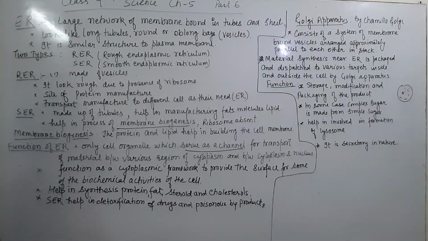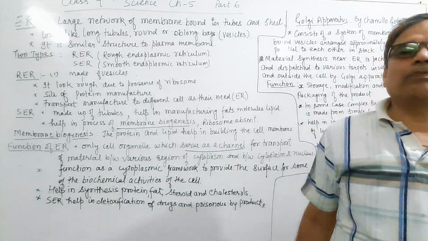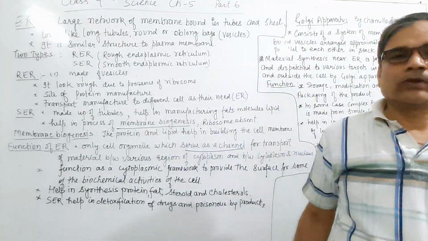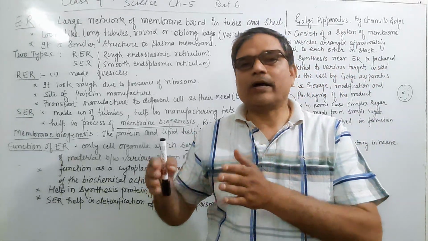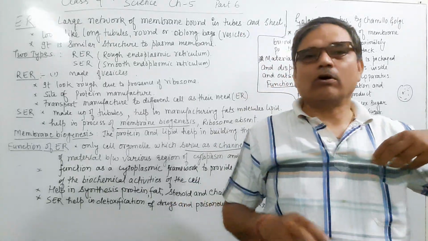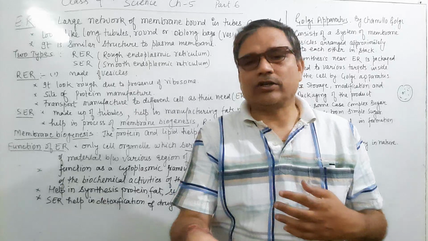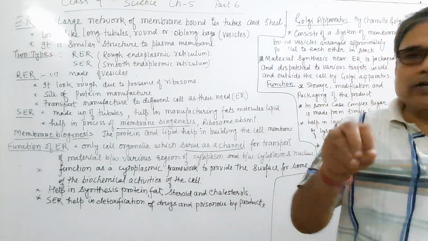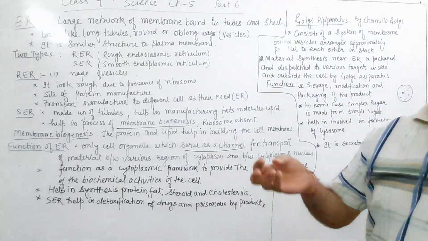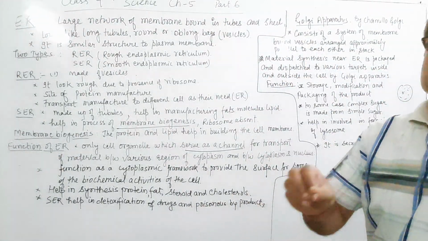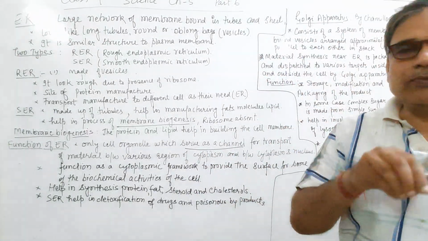Last is the SER, smooth endoplasmic reticulum, which plays an important role in detoxification of some poisonous substances or drugs present inside the body, which can be formed as a byproduct inside the body.